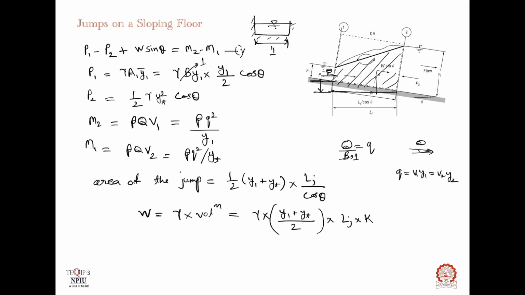And this dimension is nothing but Lj, the length of the jump in horizontal direction, and this is theta, hence this dimension will be Lj tan theta.